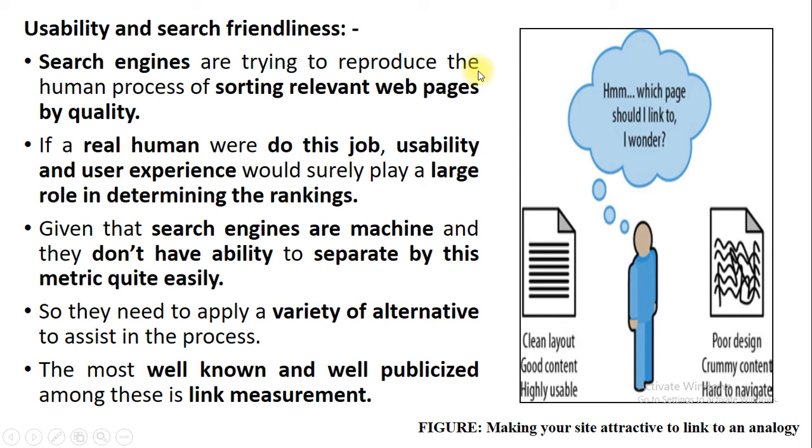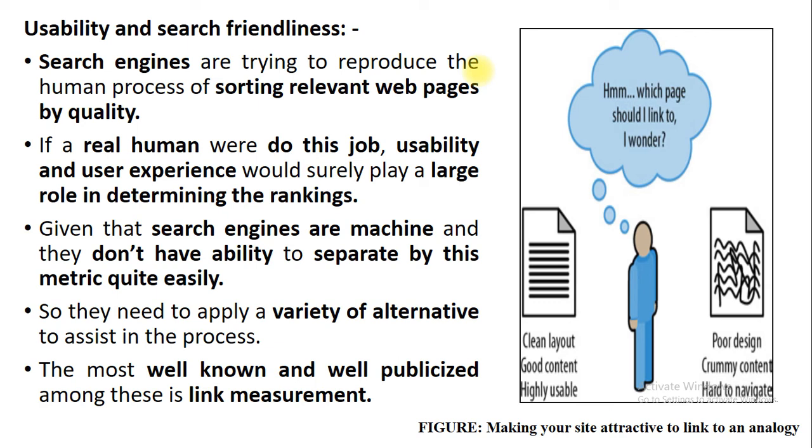In this we have discussed that a search engine is a machine, and it cannot apply any user experience like a human being. So there are a variety of alternatives through which they can perform the sorting process, and one of the alternatives is link measurement techniques.